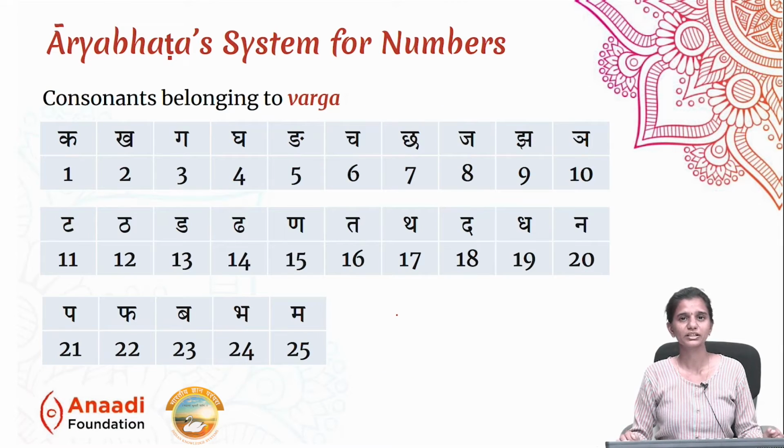For the 25 Varga letters, starting from K, the values increase in a linear fashion. So, K will have the value 1, the next 2, G 3, and then it goes on. The last letter Ma will have the value 25.